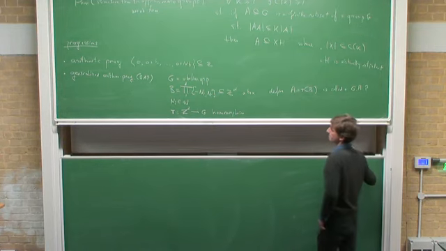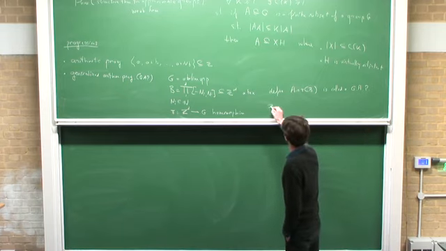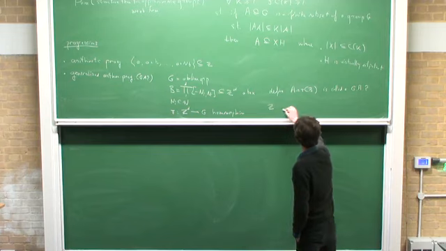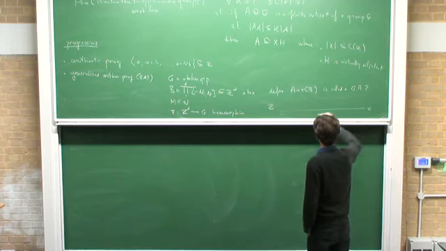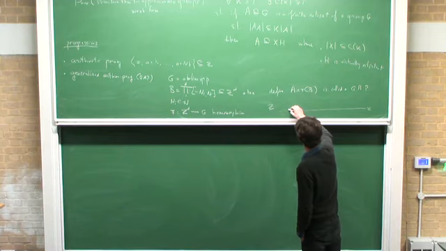Okay. So, for example, in Z, it looks a bit like this. So this is Z, and maybe you have 0 here, and then -1, 1.